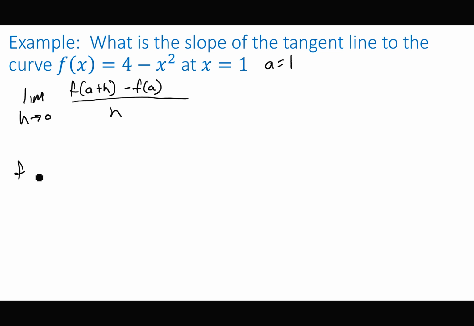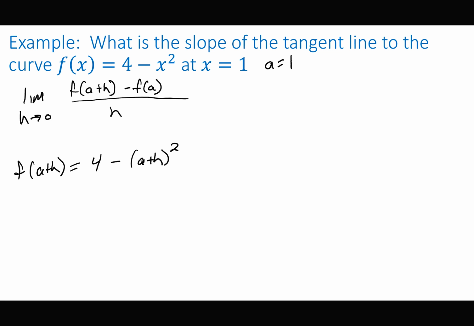All right, so first I have to figure out what f of a plus h is. So f of a plus h would be 4 minus a plus h squared. I'm literally just putting in a plus h in place of my x in my function. Okay, if I said evaluate f of 2, you would put 2 in for the x and square it.